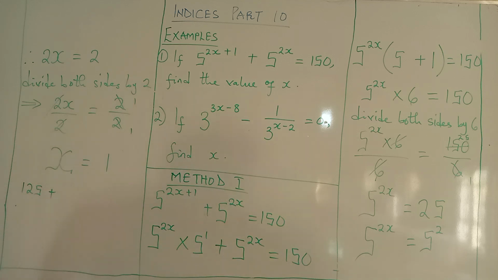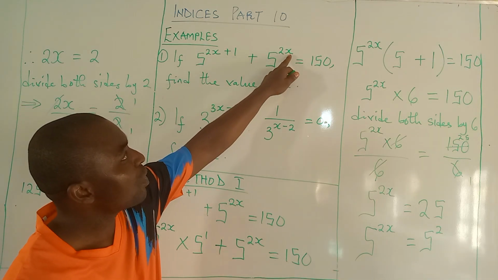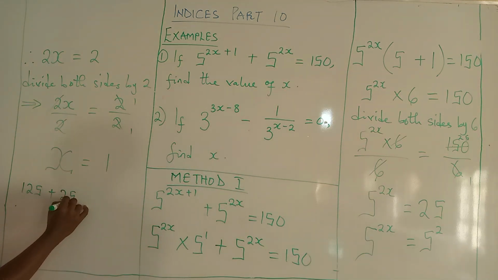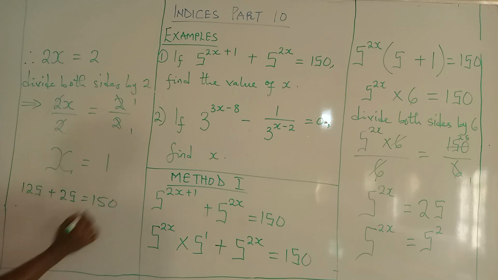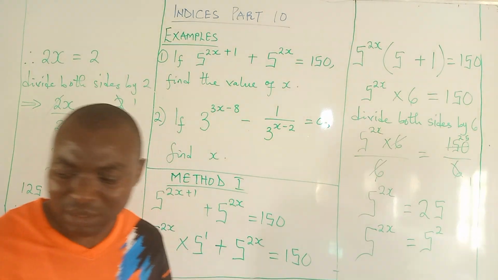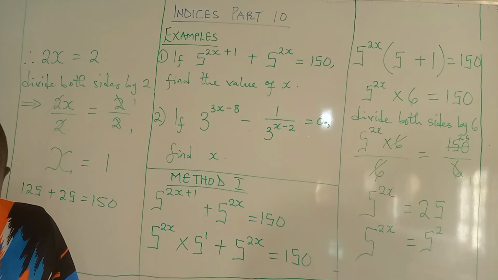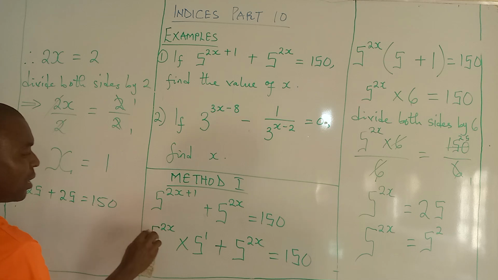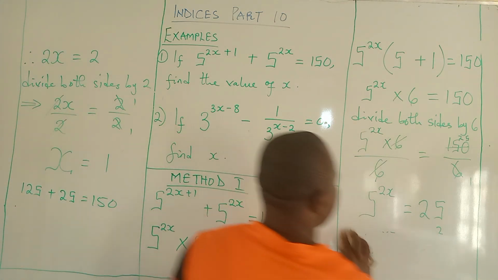And so 2 times 1 is 2, 5 raised to power 2 is 25. So that means that answer is correct. x is 1, because when x is 1, you have the left hand side being equal to the right hand side. Alright, so question number 1, I said I'll use 2 methods. So quickly, let me show you another way of solving it.